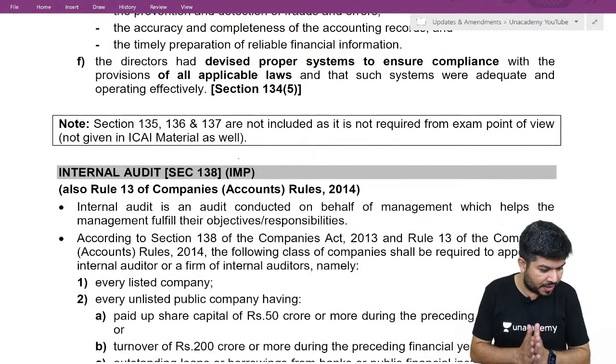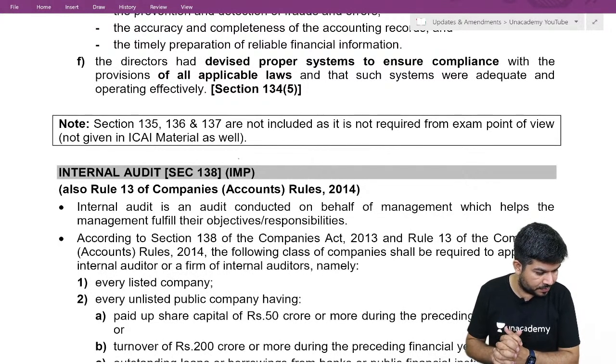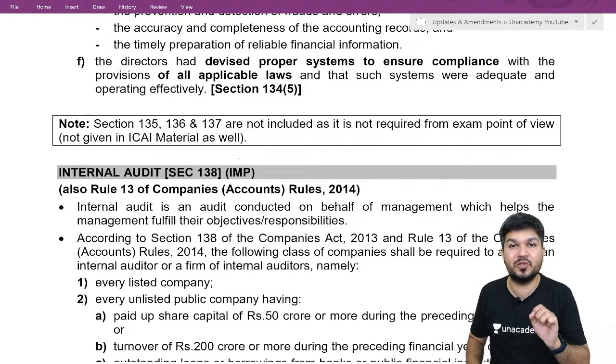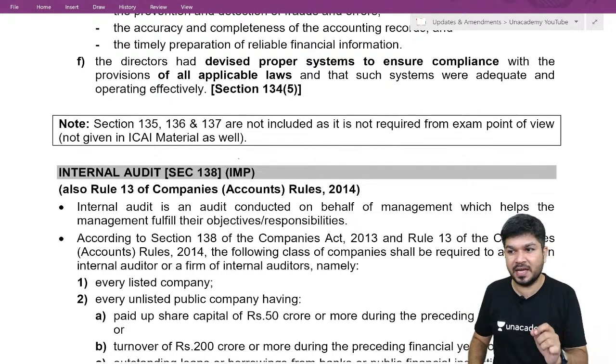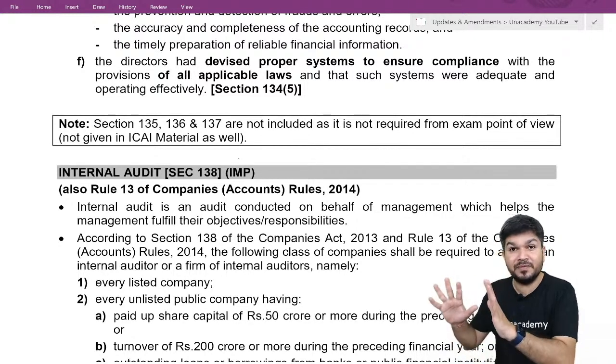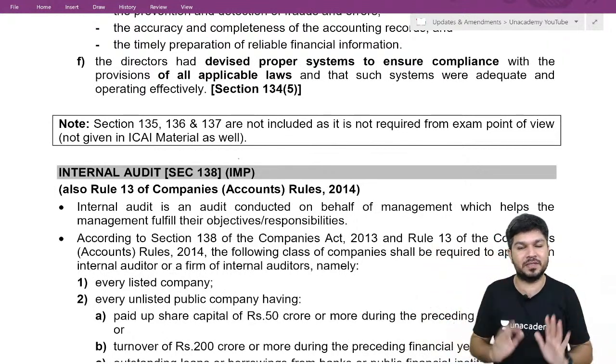There's a question from Bala: are only auditors auditing companies under NFRA covered, or all? See Bala, NFRA rules are not just for companies. We have seen that it can be for a body corporate, individual, firm. If it is referred by the Central Government to NFRA, they are also covered.